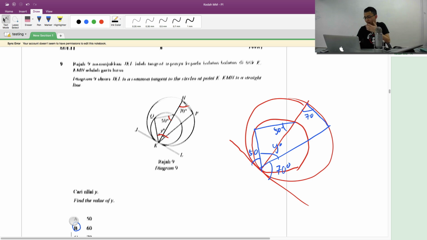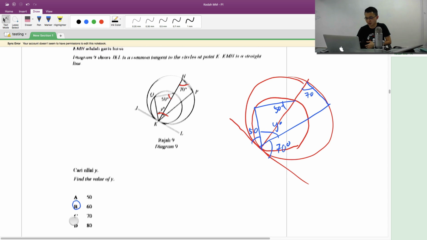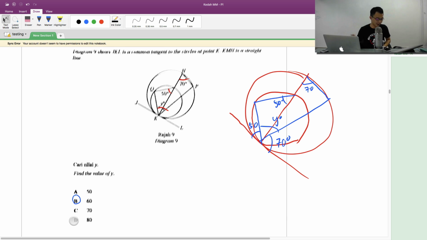Okay, so how do I know about this angle? I know about this angle based on this rule. If you have a circle, if you have a tangent point, you have a tangent here. You just make sure the 3 corners also touch the circle. So you can know this angle is the same as this angle, and this angle is the same as this angle.